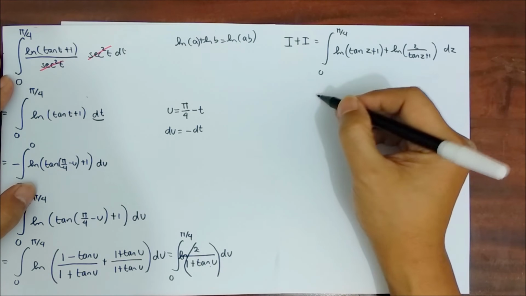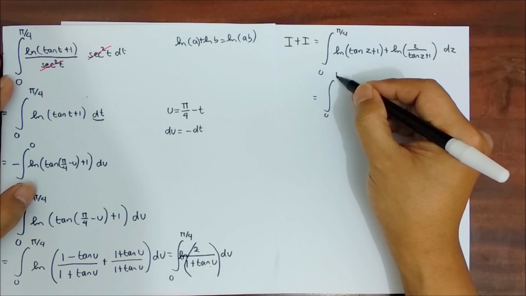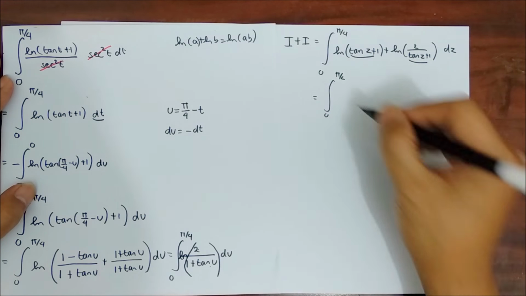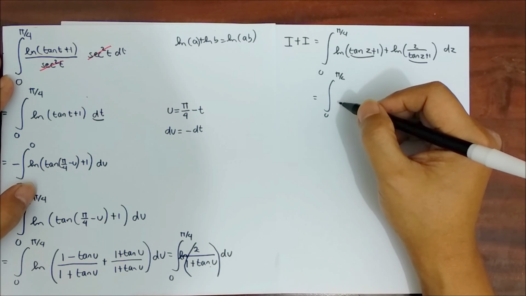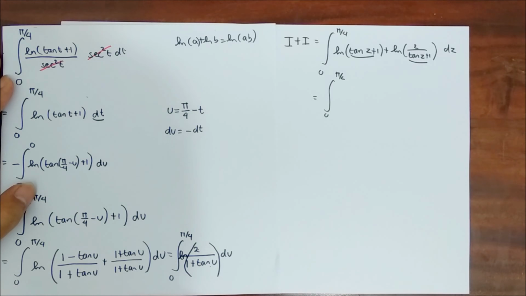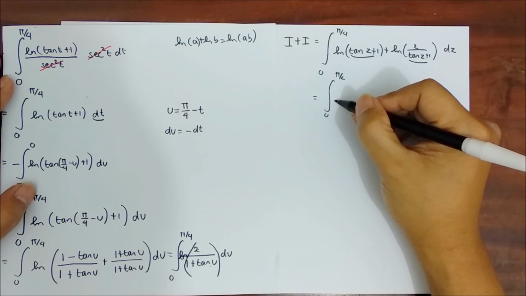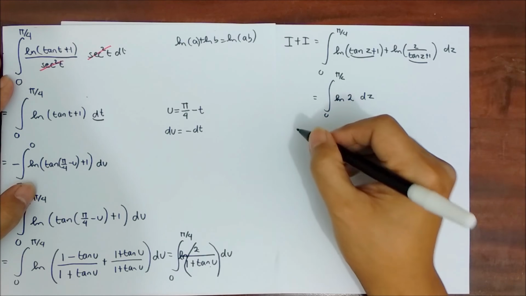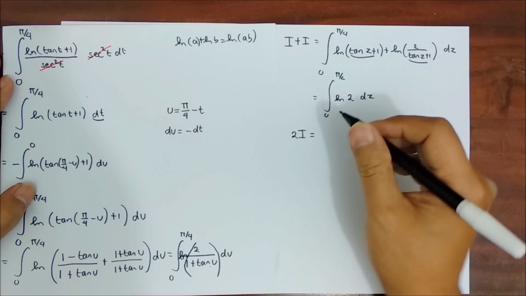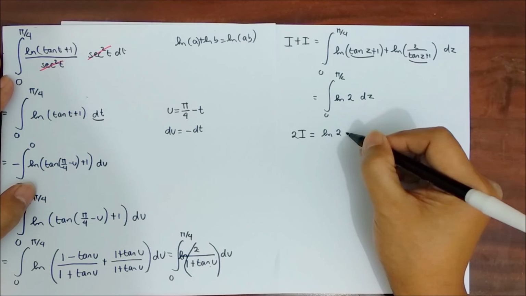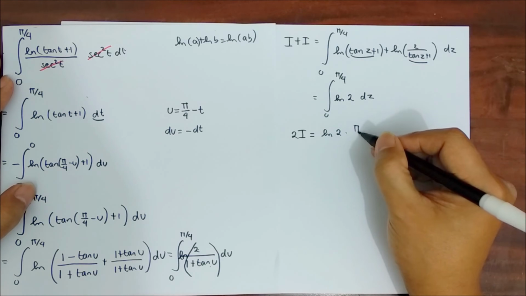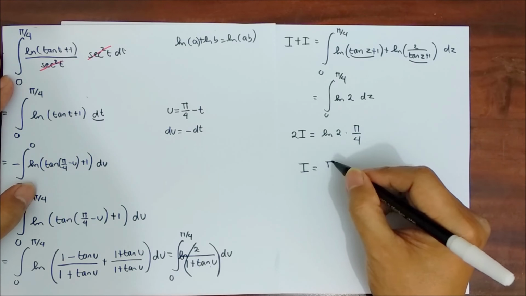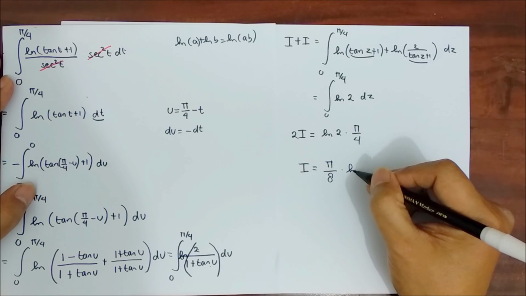So we can just multiply the arguments of both ln to get ln 2, dz. Therefore 2I is equal to ln 2 times pi over 4, and the I that we are looking for is pi over 8 times ln 2.